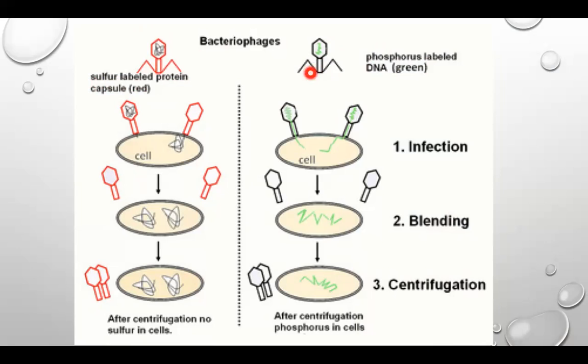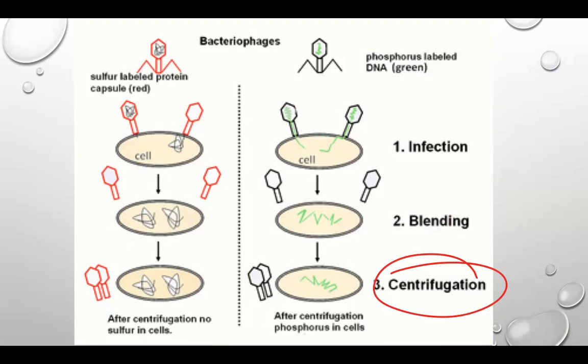Now they mixed the bacteriophage with bacteria. They allowed the viruses to infect the bacteria. Then they did centrifugation, which is putting it in a centrifuge, the machine that spins around really fast so that all of the heavy particles in the tube sink to the bottom.